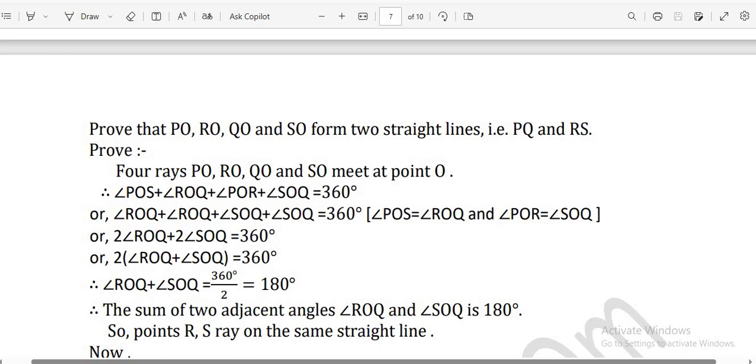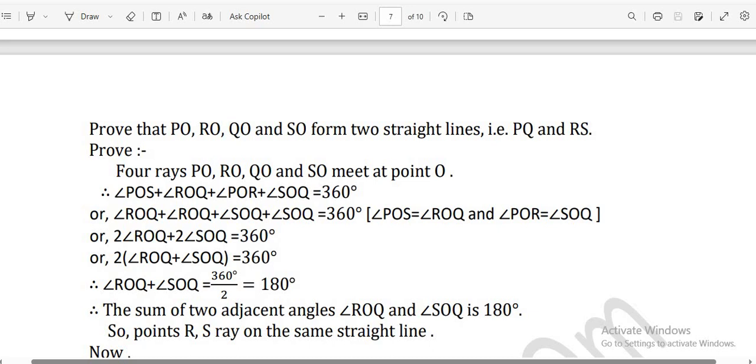The sum of two adjacent angles ROQ and SOQ is 180 degrees.